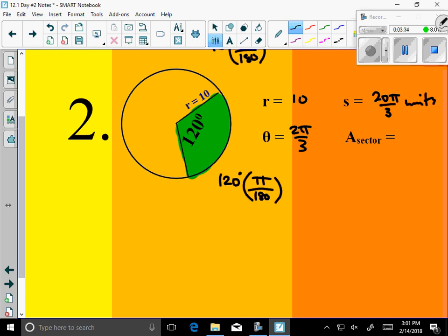The area of the sector would be theta over 2 times r squared, and if you simplify that out, you'd get 100 pi over 3 units squared. Cool. Review. Let's keep going.